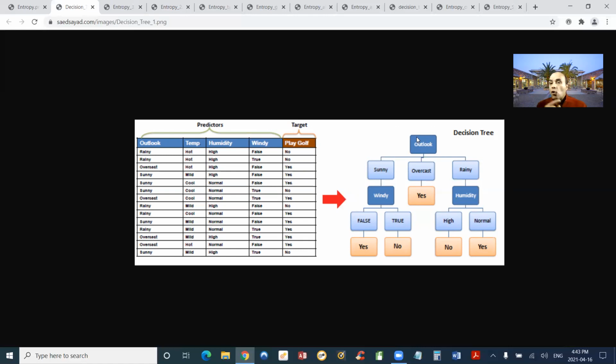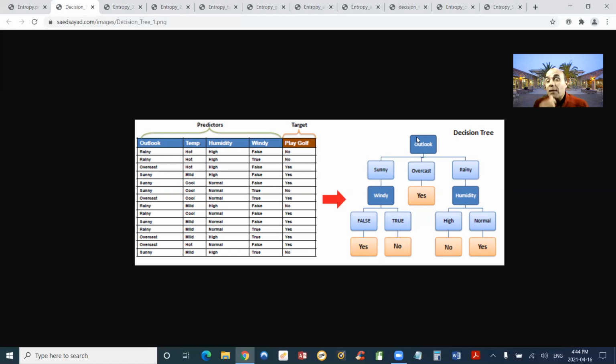You might say, who told you to accept outlook as your primary division? Who told you to put outlook first and then go windy and humidity underneath and all of those? Are we going to put outlook first? Are we going to put windy first? Are we going to put humidity first?